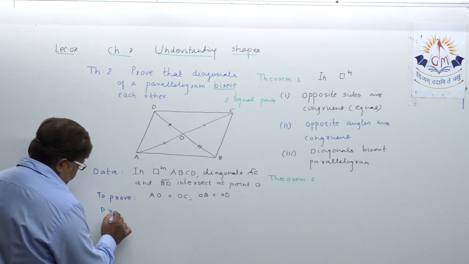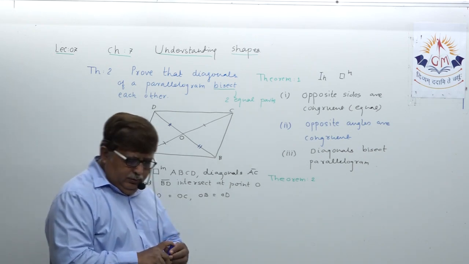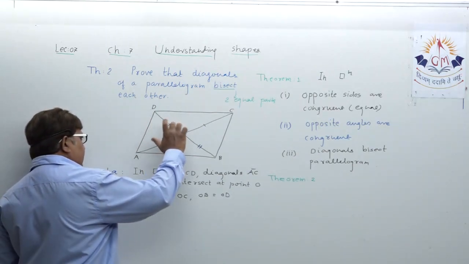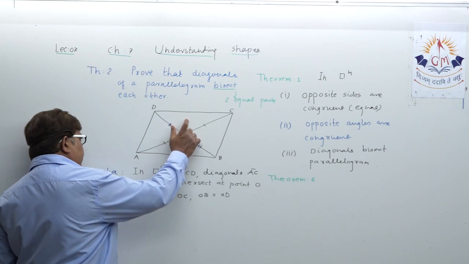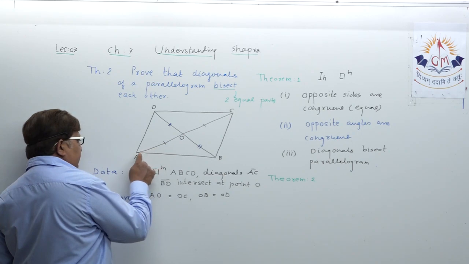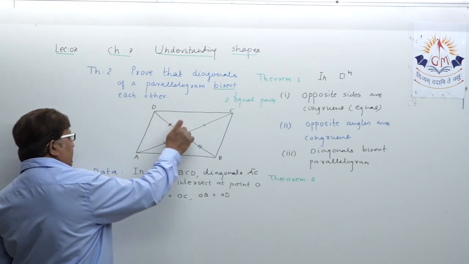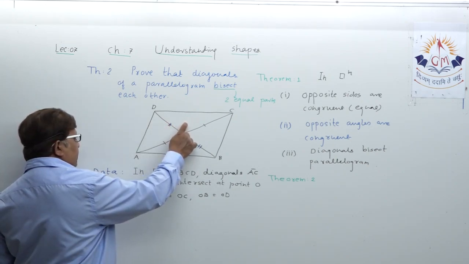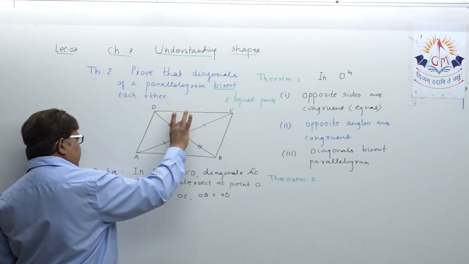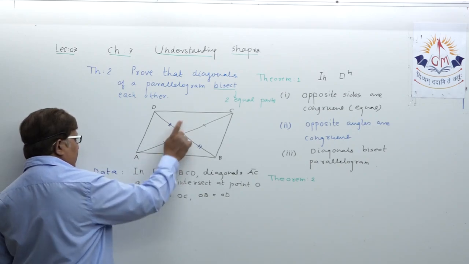Proof. Okay. Now your target has to be on these two triangles. Can you name this triangle? Triangle AOB. Can you name this triangle? Triangle COD. Now your target is to prove these two triangles congruent somehow.